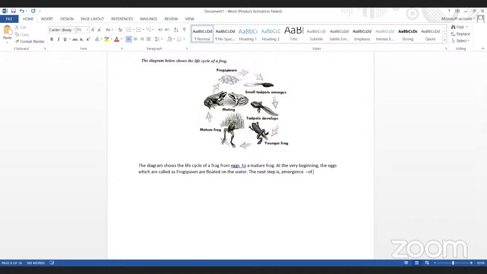Emergence of the small tadpoles. Right, the next thing is the tadpoles coming out. Now you are in the second stage of this. And after this, we are coming to the next stage.